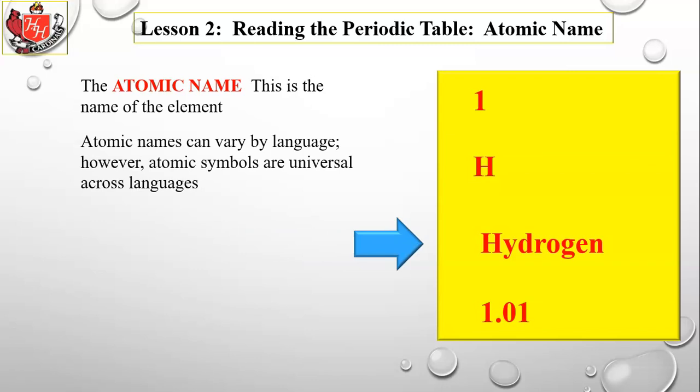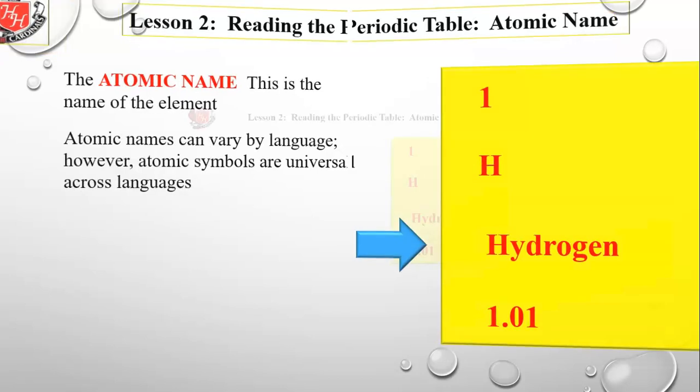Atomic names can vary by language, however, the atomic symbols are universal across languages. So hydrogen, for example, has a different name in other languages, say Japanese or German. However, the letter H is used internationally to represent hydrogen so that chemists in one country can read the chemical equations of chemists in another country.